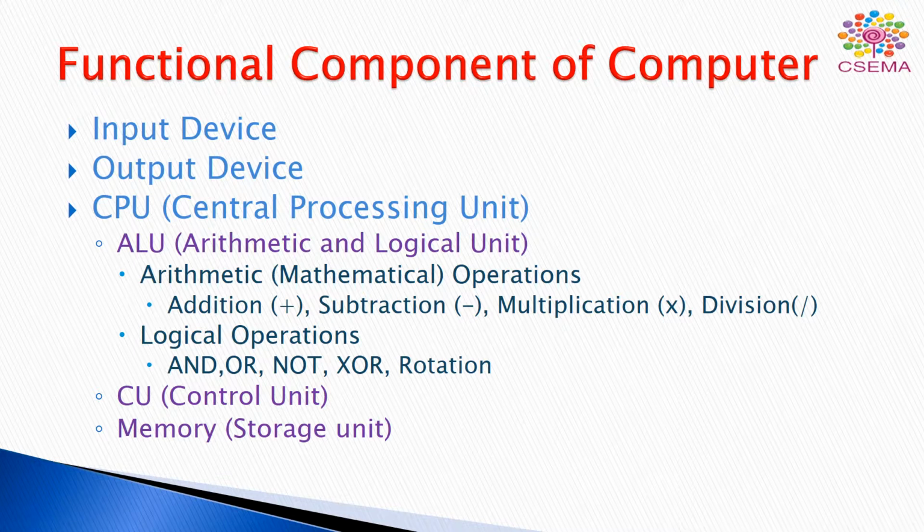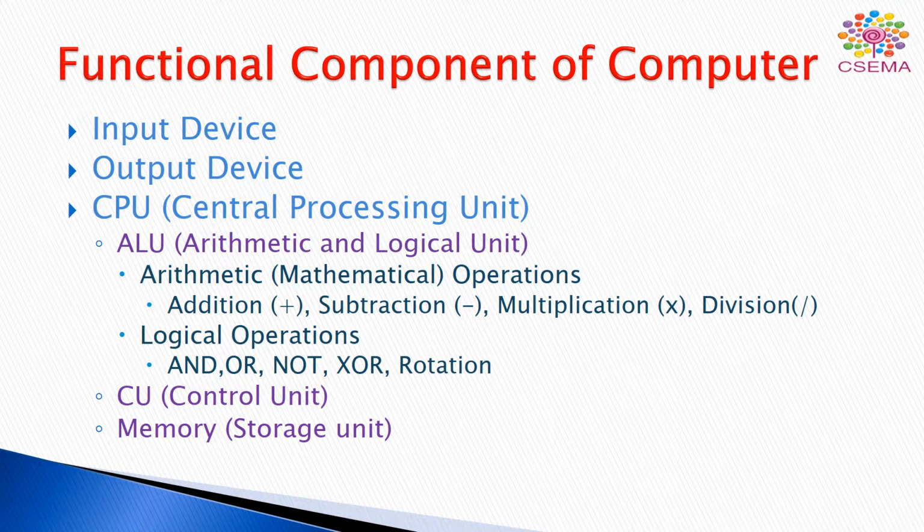And these devices are input devices, output devices, CPU. As we know, input devices are used to feed data into the computer, output devices are used to get data from the computer, or the computer uses these devices to send the processing result to the user.